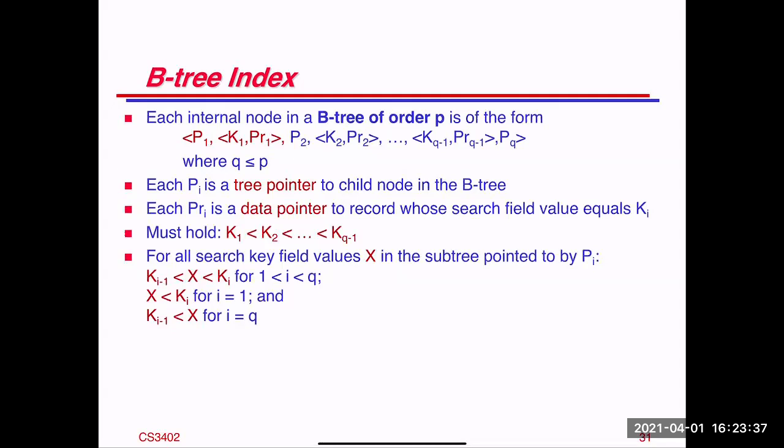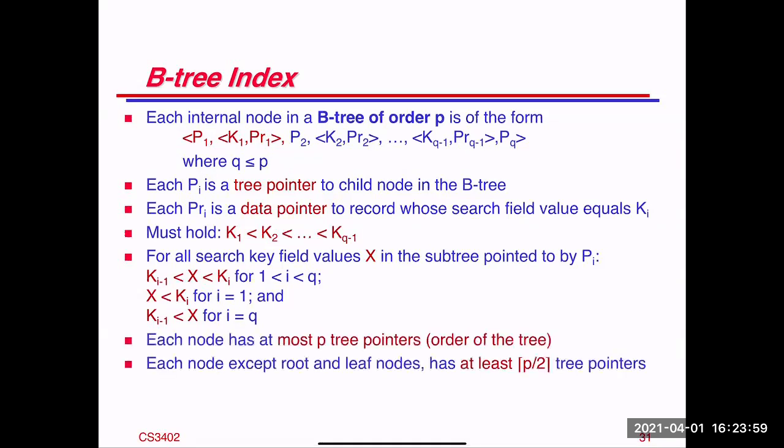And similarly for the very last one, for PQ, that will point to a subtree such that all search key field values in the subtree, so all such values X, need to be larger than this final key, Q minus 1. And there's a question about this Q here, so I was going to come to that.